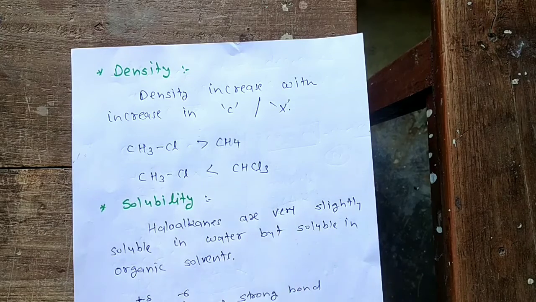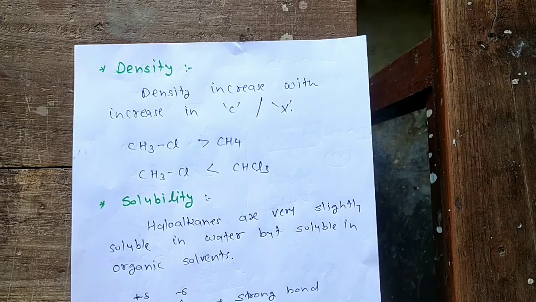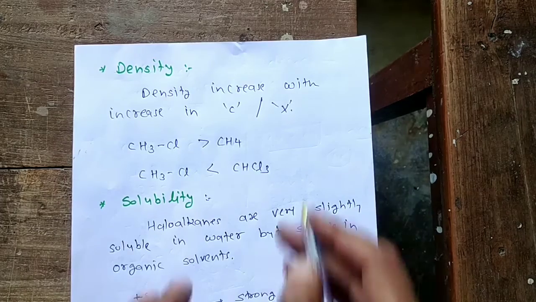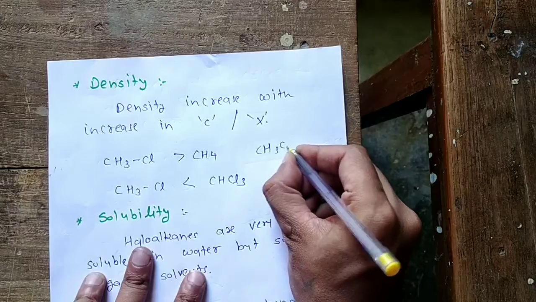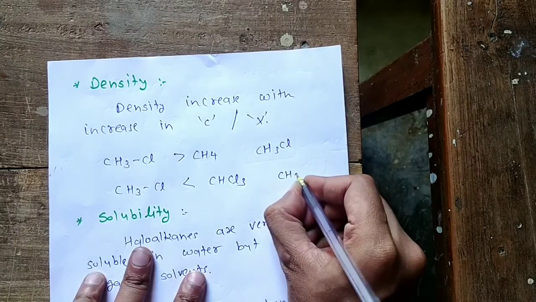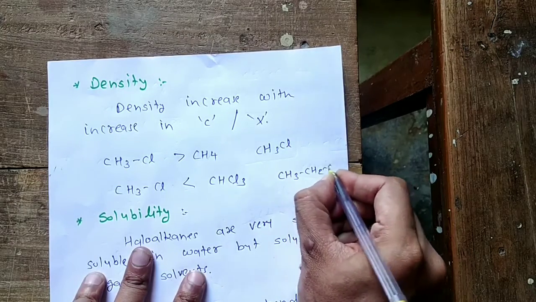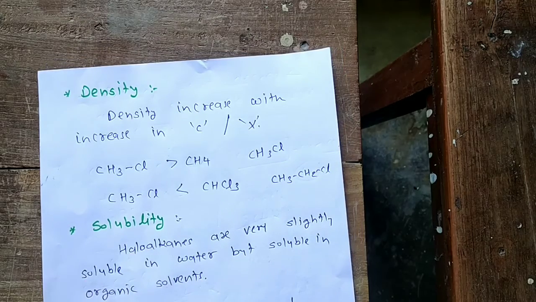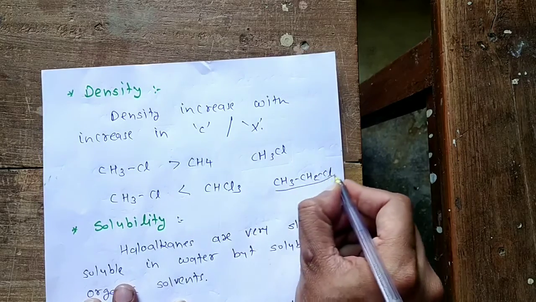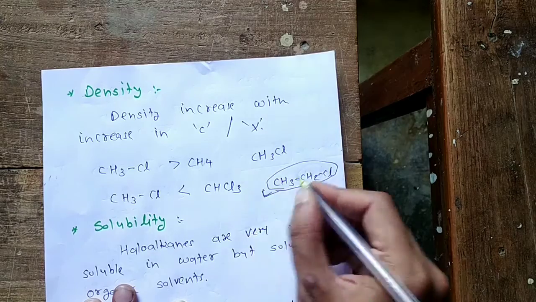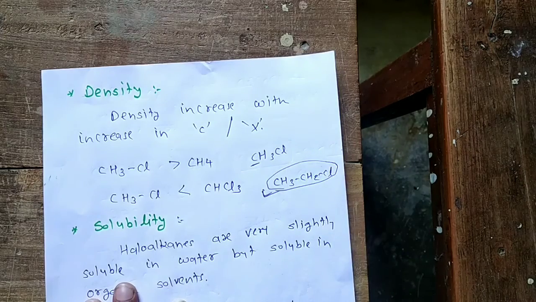In that case, chloroethane has higher density. Suppose I am comparing these both compounds. You can see the number of carbons increases in the second structure, so this one will have high density compared to the first one.